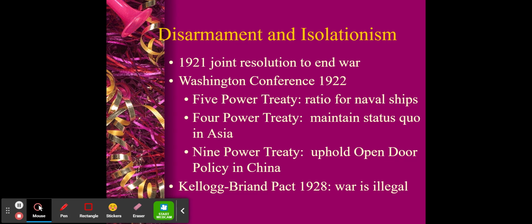Now, outside of the Washington Naval Conference, another example of the U.S. somewhat participating in the world outside of the League of Nations comes with the Kellogg Briand Pact of 1928. This had originally been signed between the United States and France, but 62 other nations joined in and signed this agreement. And basically, what this says is that war is illegal.